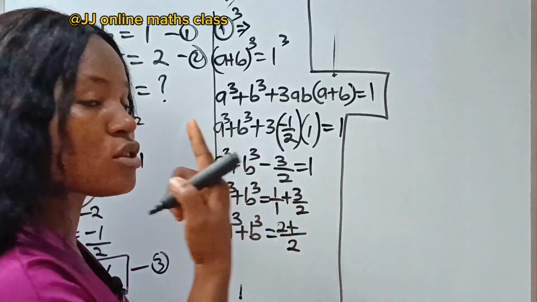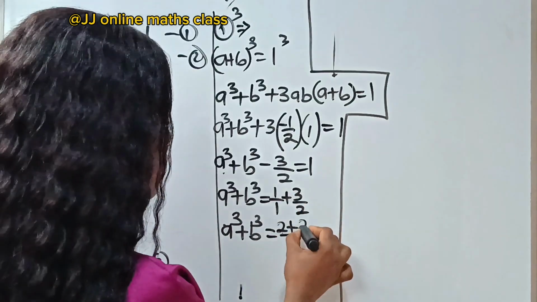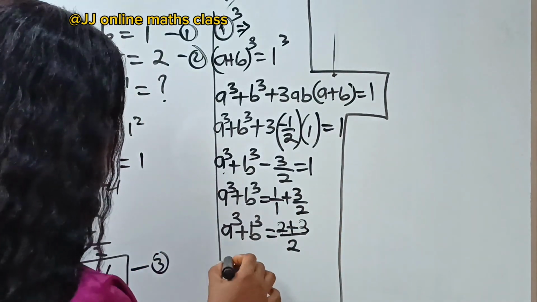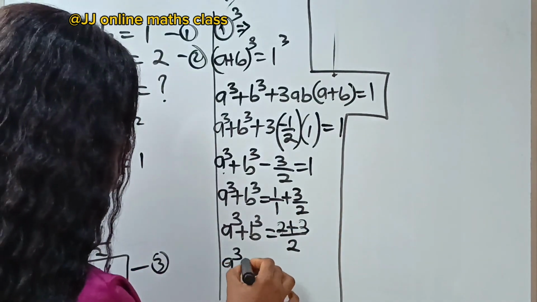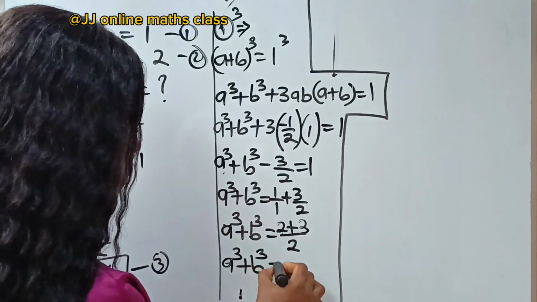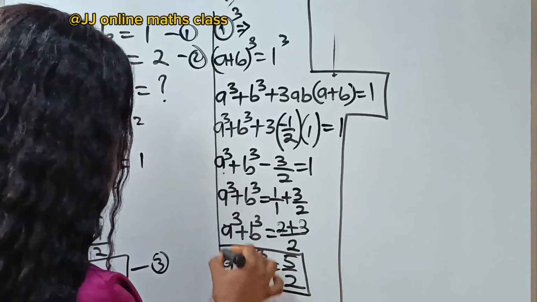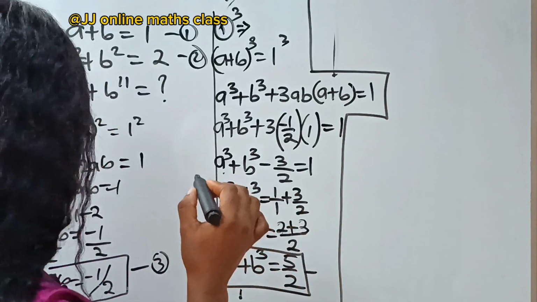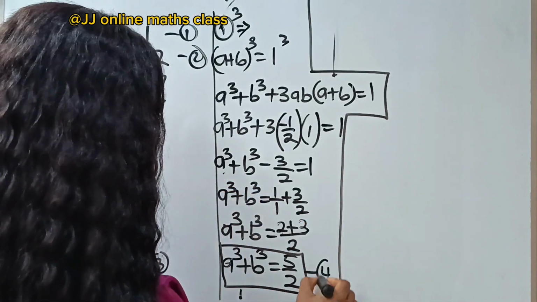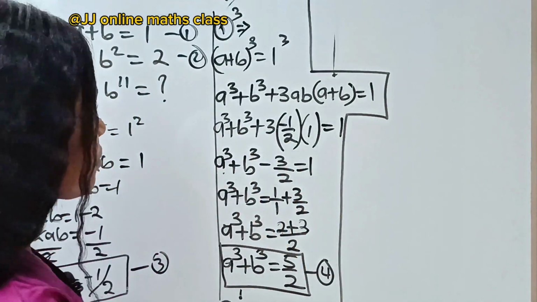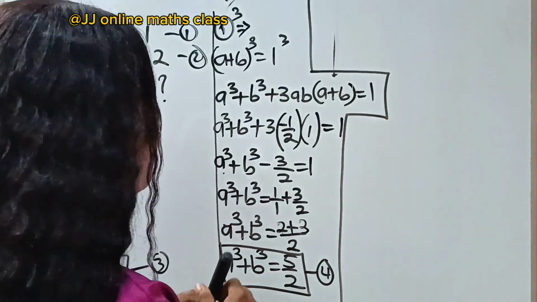Plus, when 2 divides 2, you have 1, and 1 times 3 is still 3. So that means a to the power of 3 plus b to the power of 3 is equal to 5 over 2. Now, this is another important equation, so let's call it equation 4. All right, now let's continue.